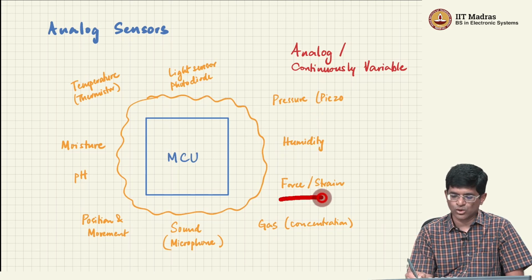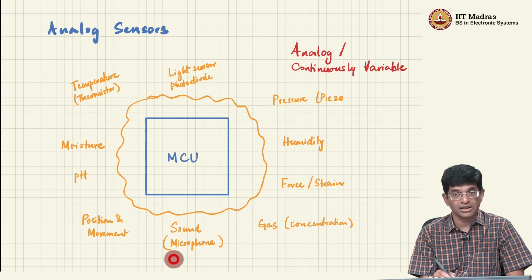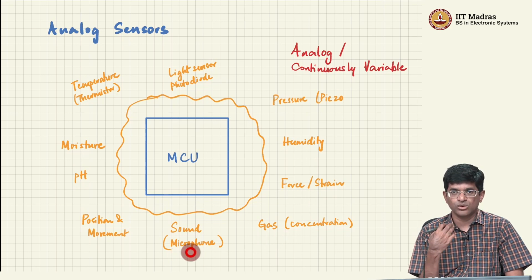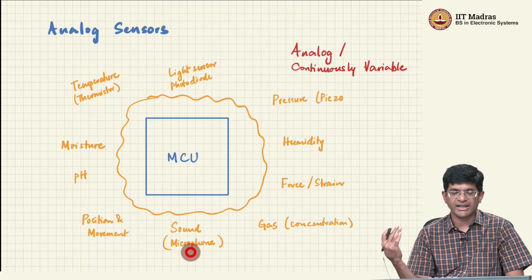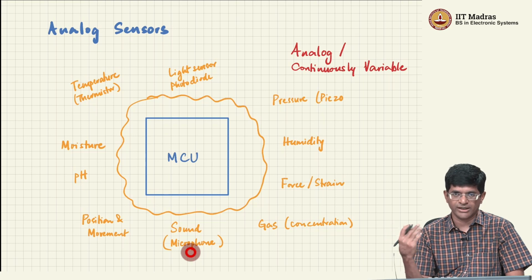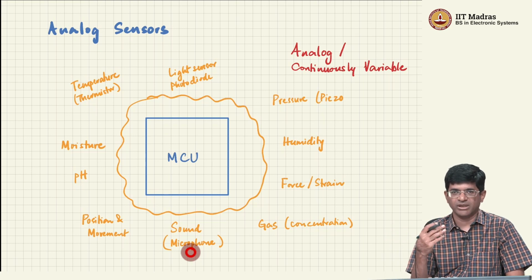Humidity sensors, force sensors, gas concentration, sound. At the end of the day, sound is a real physical quantity. It's measured using microphones. What does that mean? A microphone has some kind of mechanism that takes the sound waves and converts them into varying currents or voltages, which in turn can be digitized, as we'll see later, and handled inside your processor.